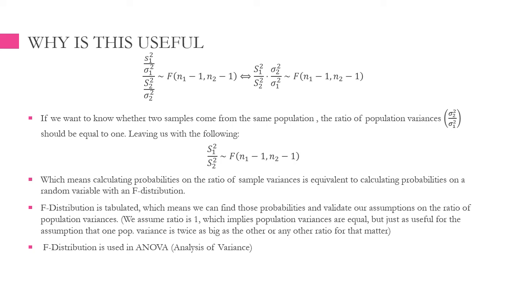But I hope the way I've explained it is a bit easier than just seeing all of these formulas, knowing that the T distribution is useful because we can validate our assumption on mu, the population mean, rather than having a sigma squared assumption as well, and that the F distribution is useful because it helps us validate whether ratios of population variances are the same. I hope that makes sense.